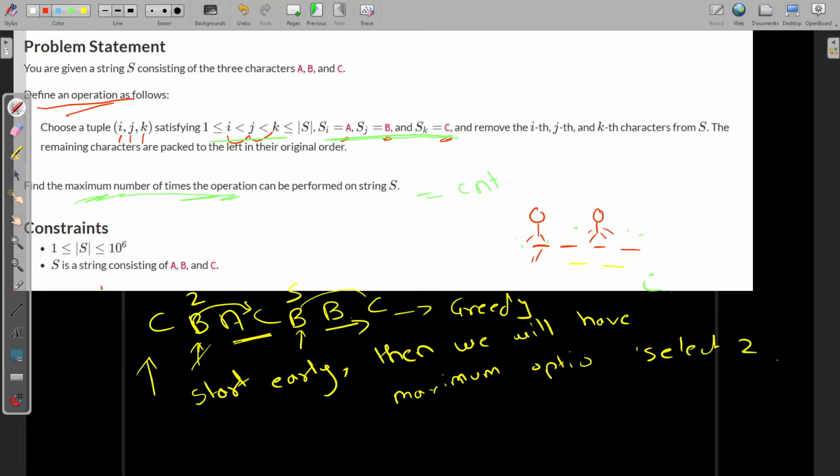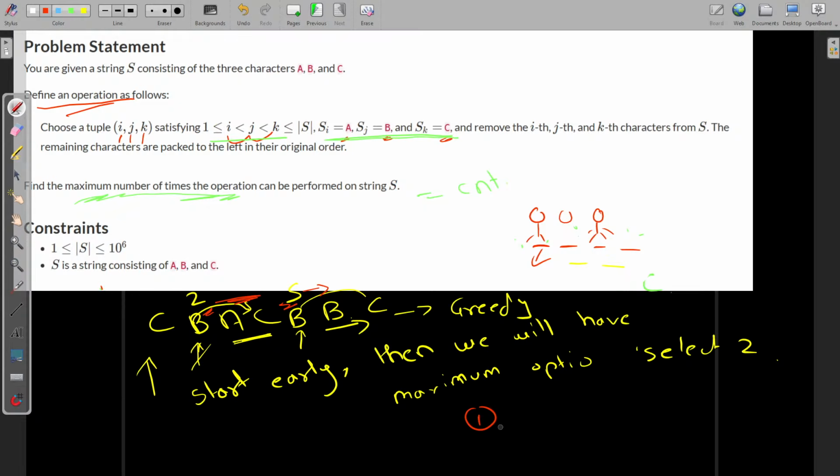Why waste a slot when you have it available? Why start from 2 when you can start from 1? Similarly, why start from 5 if you can start from 2? Because 2 will give you all the options which are available for 5 and also all the options between 2 and 5. So always start early. That is one key observation which will help us solve this problem.